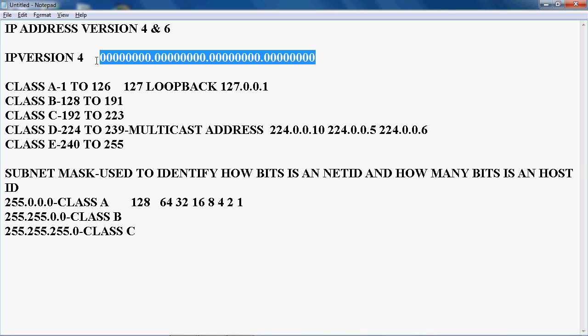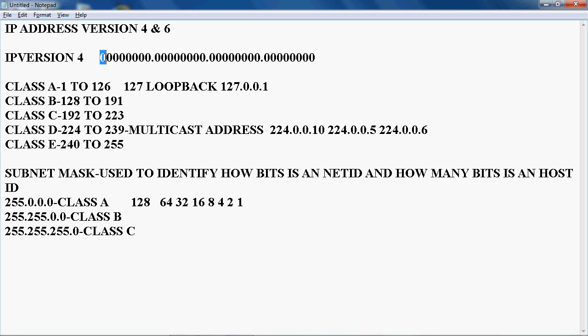So for each octet, the first bit's corresponding decimal value is 128, the next bit's is 64, the third bit's is 32, the fourth bit's is 16, the fifth bit's is 8, the sixth bit's is 4, the seventh bit's is 2, and the eighth, last bit's corresponding decimal value is 1.